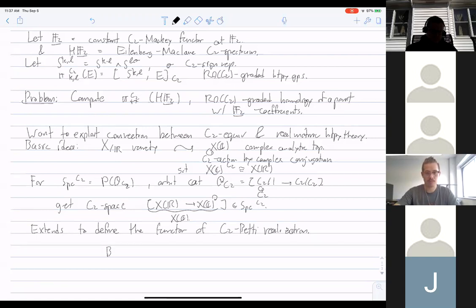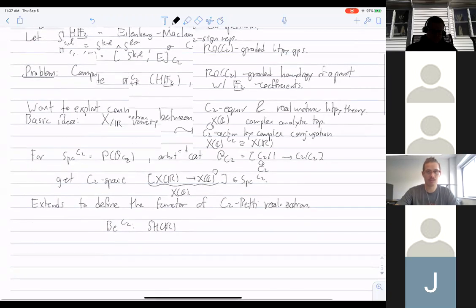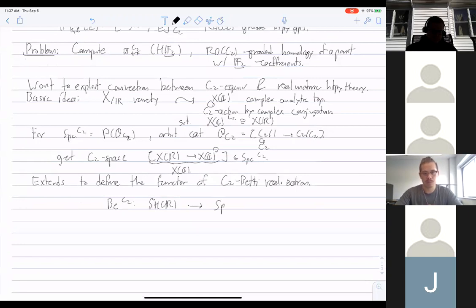That's a functor Be_{C2} going from real motivic spectra, which I'll denote by SH(R), to that category of C2 spectra that I defined. And this is arranged so that I send a suspension spectrum of a real variety to its C2 space of points, where I've taken, of course, the suspension spectrum again.